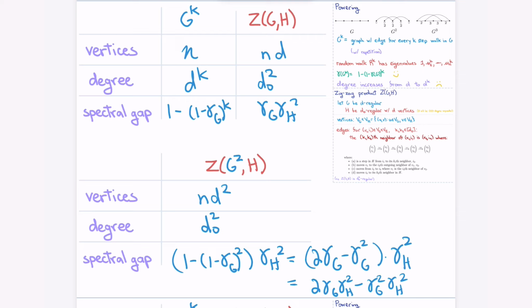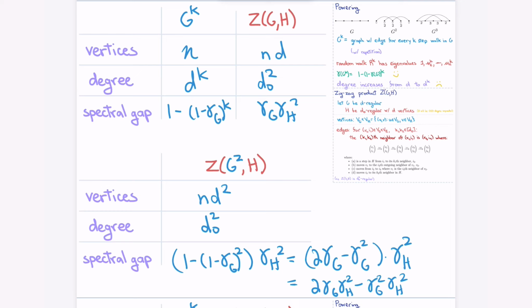So the dominant term is actually the 2. The factor of 2 would dominate gamma G squared, especially if gamma H squared is still much bigger than 1/2. So this is actually a net win to some extent, except the number of vertices did go up. If you did this repeatedly, the degree stays fixed, so that's now under control.